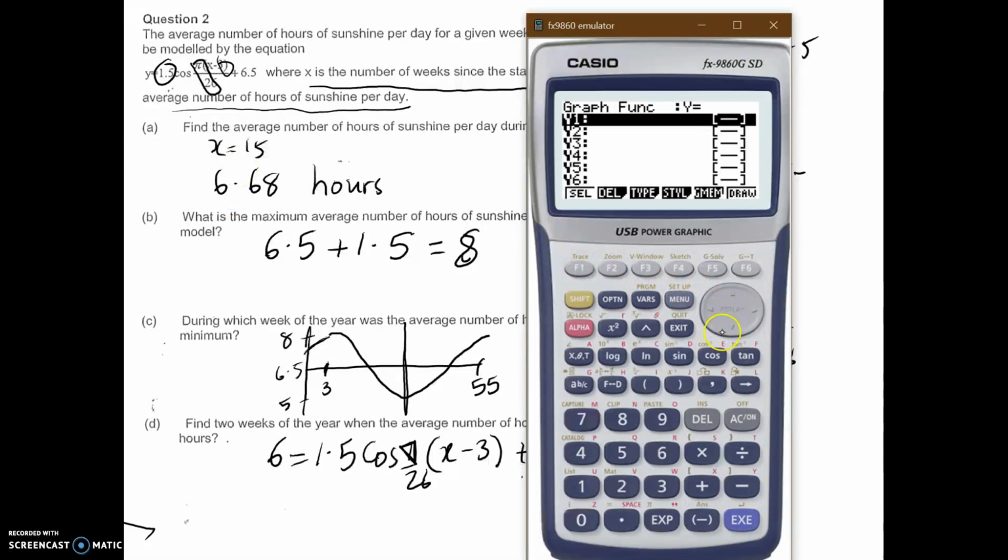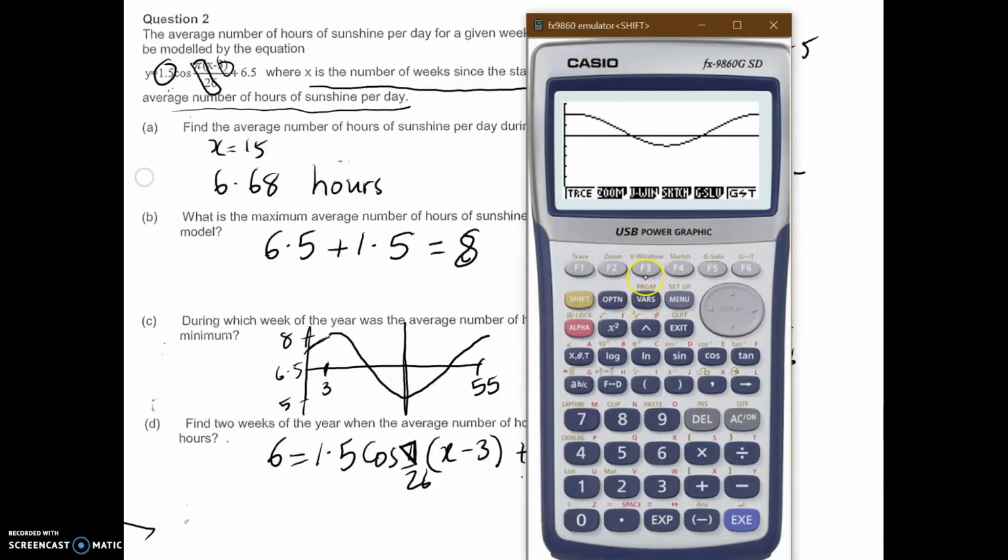Now enter the function 1.5 cos bracket. Now the other side is your second function. We're going to draw it.